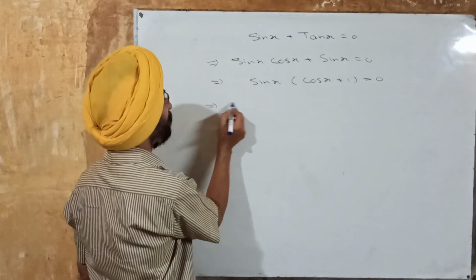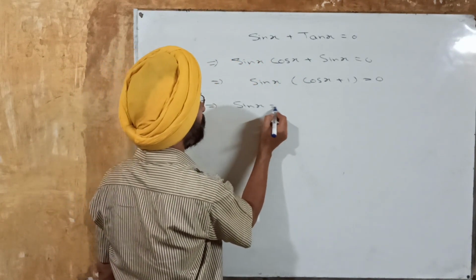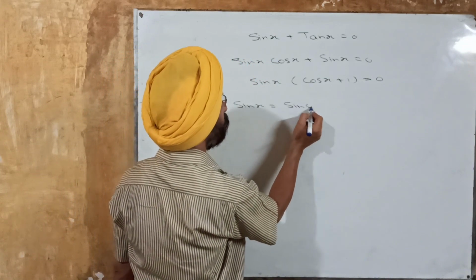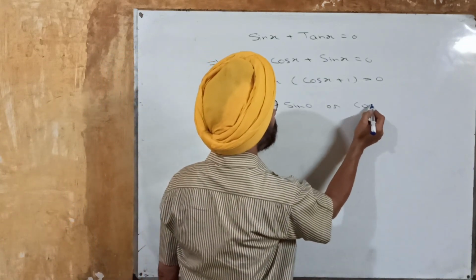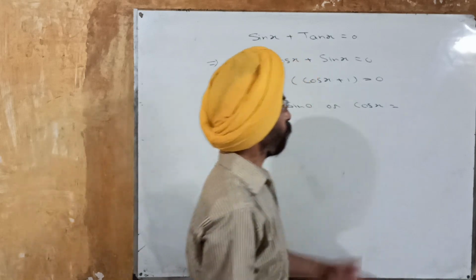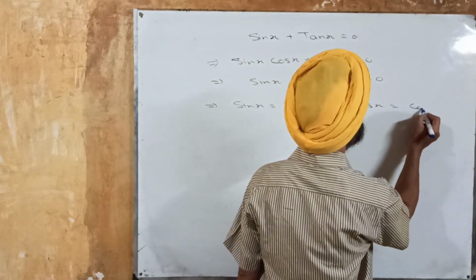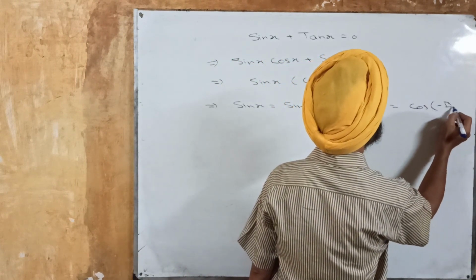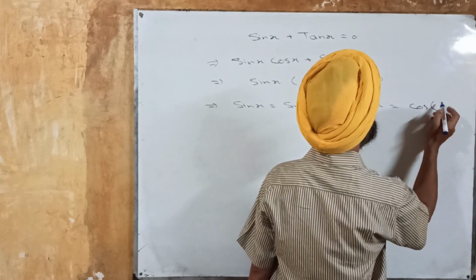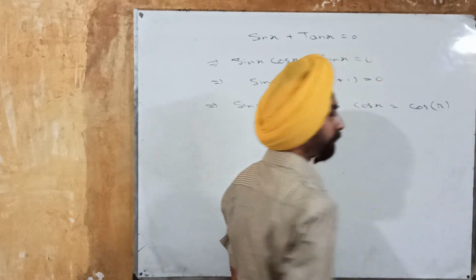So once again, either sin x is equal to 0, that means sin 0, or cos x is equal to minus 1, you can write it as cos π.